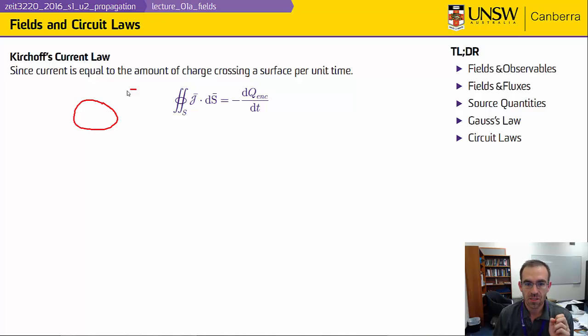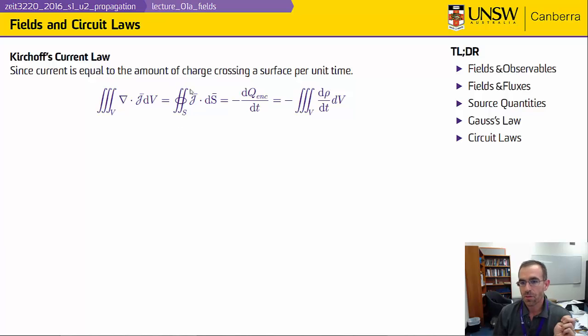Here's my surface S, with a net positive current flow out. Then the charge inside must be decreasing.